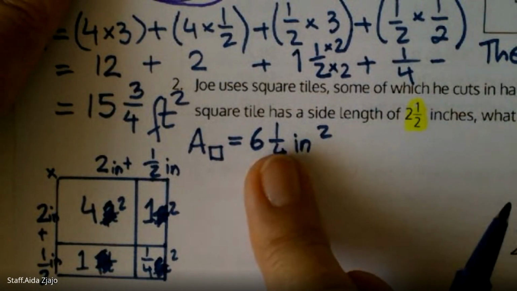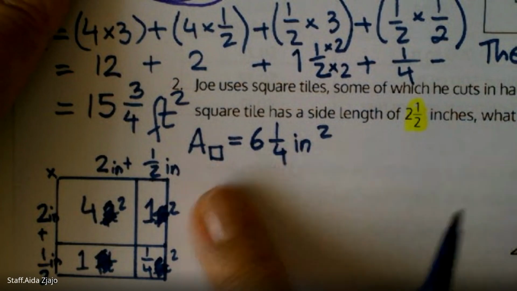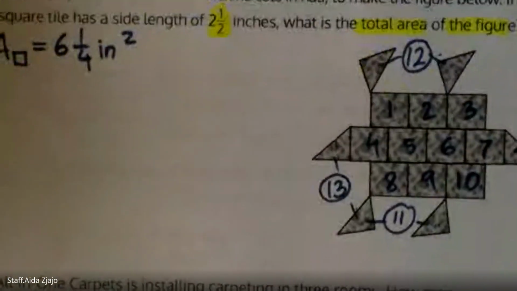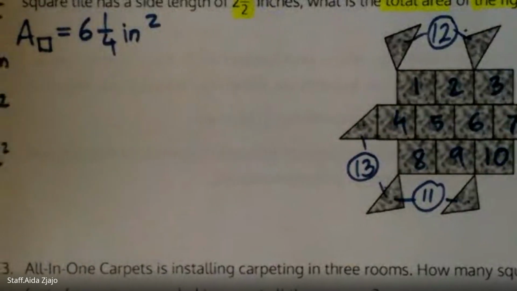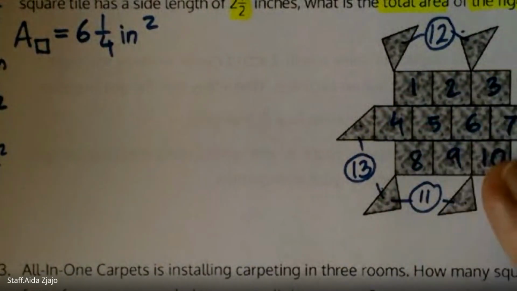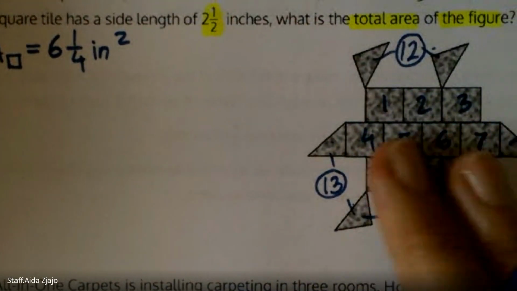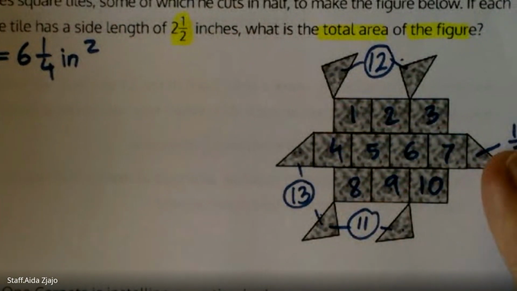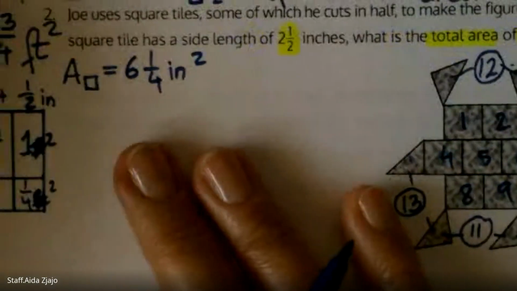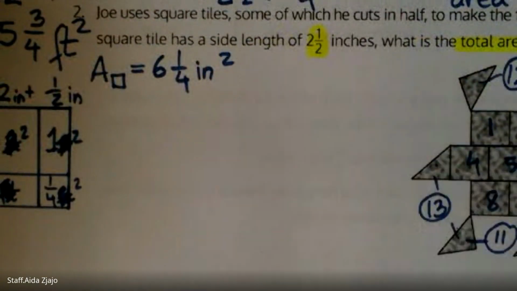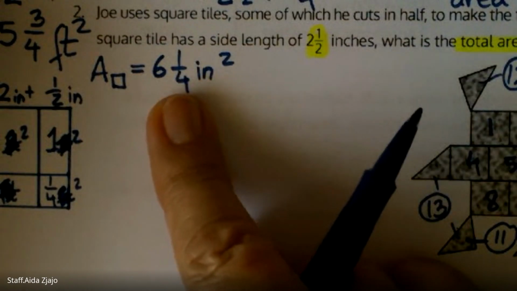So it's only one square, but we have 13.5 squares. To find the total area of this figure, we need to say there are 13.5 squares. Then I will multiply that by how much is 1 square.